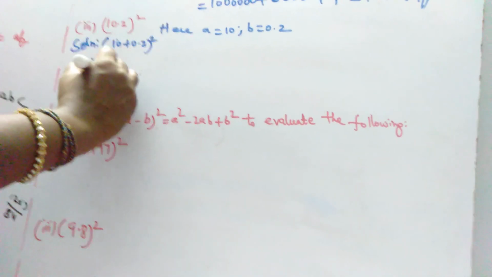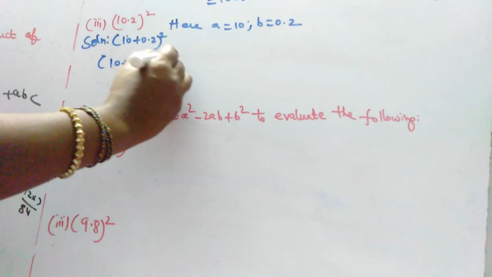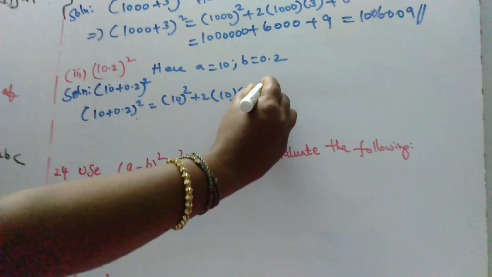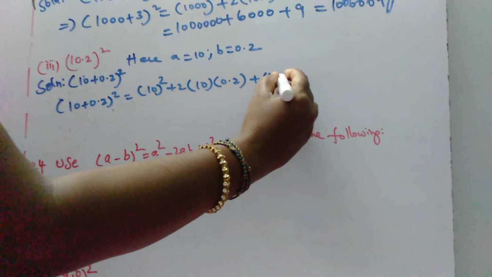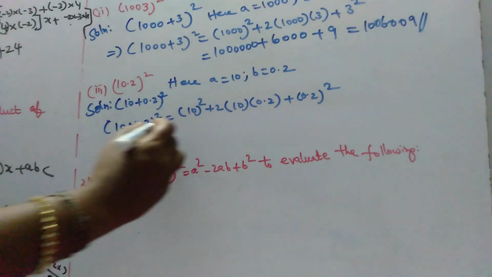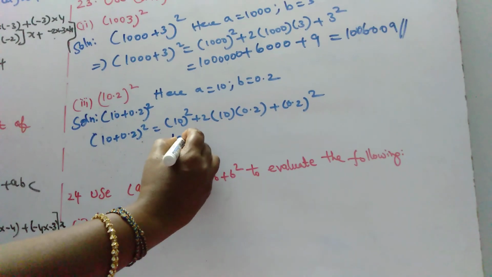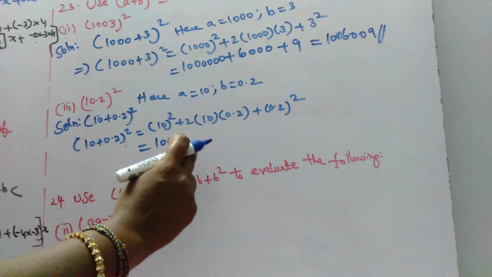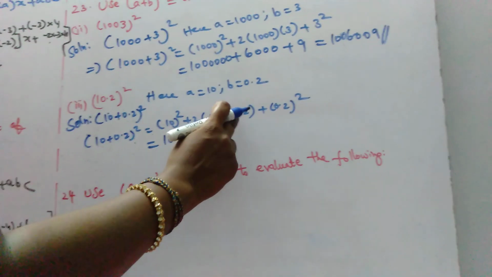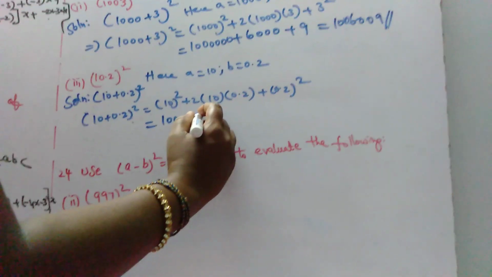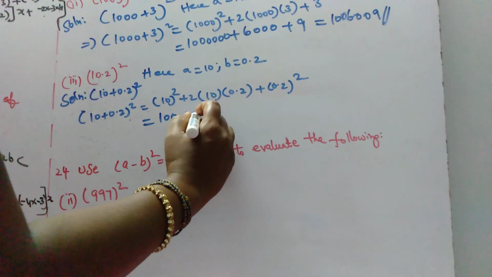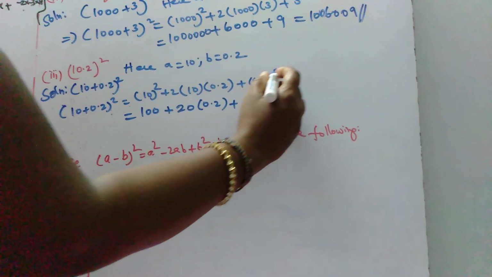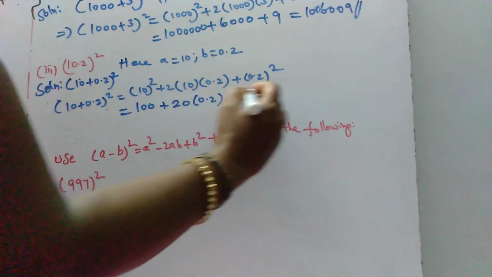So 10 plus 0.2 the whole square equals 10 square plus 2 into 10 into 0.2 plus 0.2 the whole square equals 10 square becomes 100 plus 20 into 0.2, that is 4, plus 0.2 the whole square becomes 0.04.